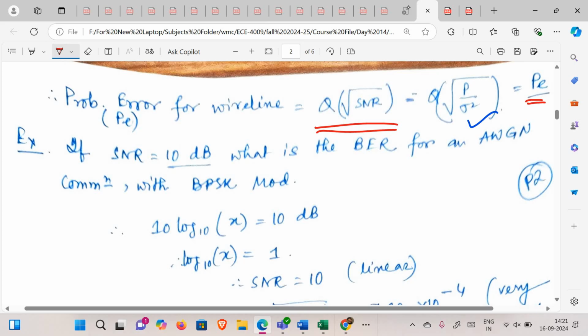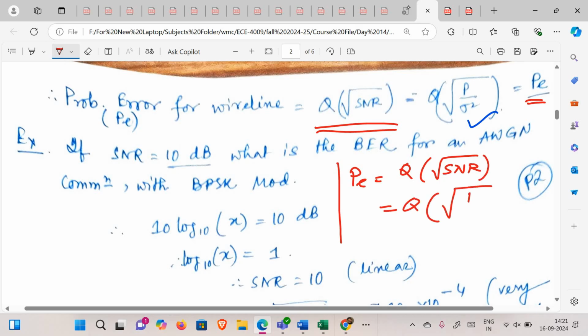I'll rewrite it here: PE is equal to Q function of square root SNR, or we can also write it as Q function of square root of P by sigma square. We have seen that both of these are used interchangeably. In some questions you might be asked with SNR, in some the signal and noise variance are given separately. So it means the same.